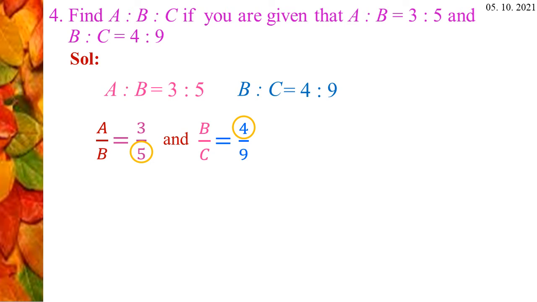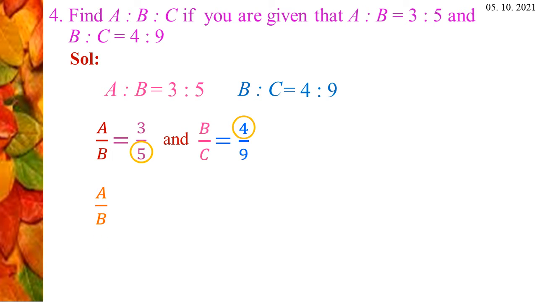A equals 3, B equals 5, B equals 4, C equals 9. A has one value, 3, and C has one value, 9, but B has two values. The two values are different, so we have to find the same B value, that means one value.